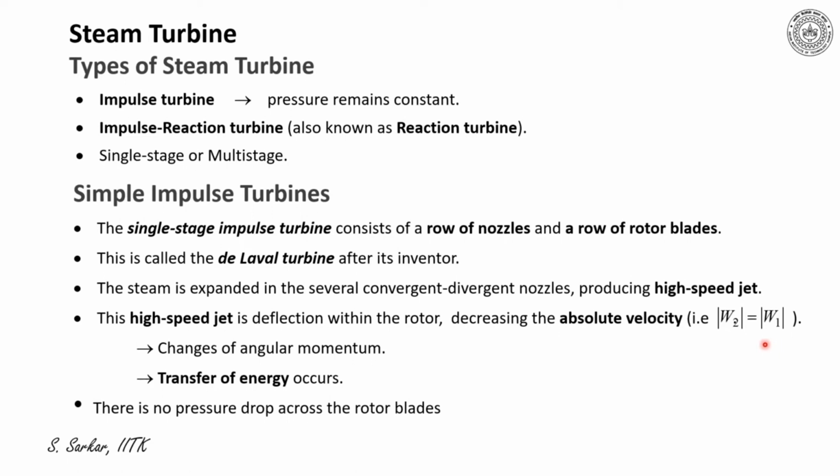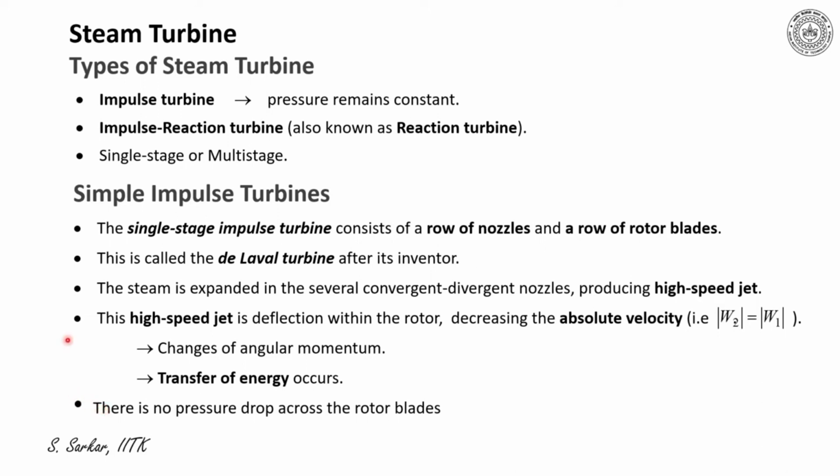Now, because of deflection of the relative velocity within the rotor blade, there will be change of angular momentum transferring energy. I have already stated that during this process there will be no pressure drop or enthalpy drop across the rotor blade.